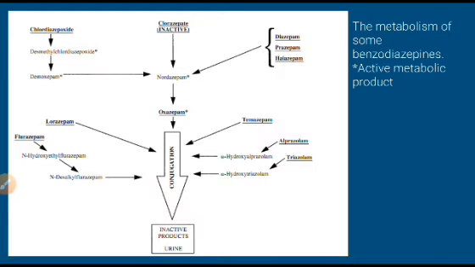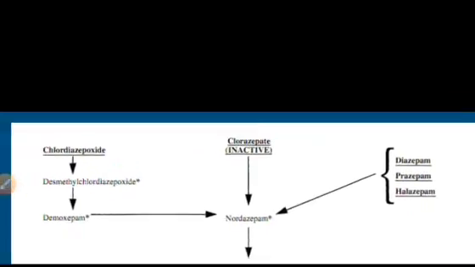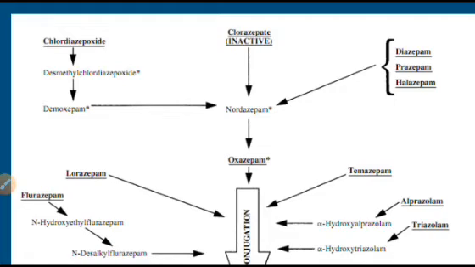Here is a small diagram which will tell you the metabolism of certain benzodiazepines and the active metabolites formed. You can see chlordiazepoxide forms demoxepam, which is an active metabolite. You know that they are all converted into active metabolites and produce their effects. Same way you can find clorazepate, which converts into nordazepam.